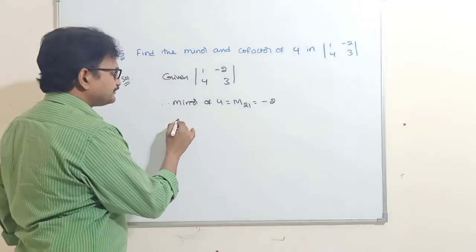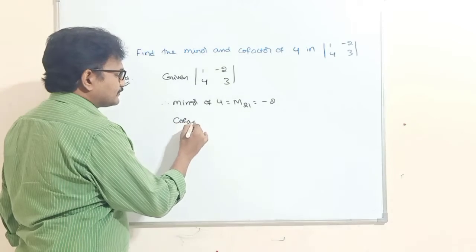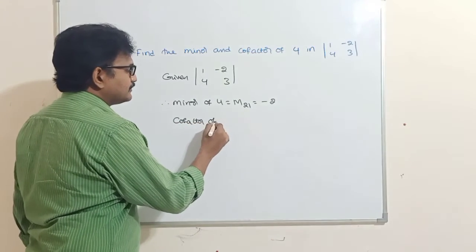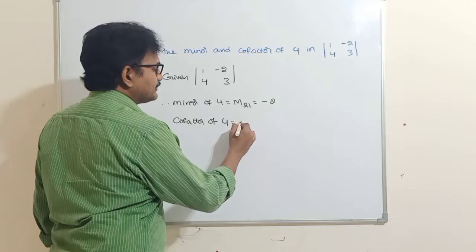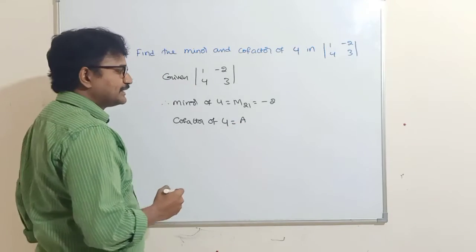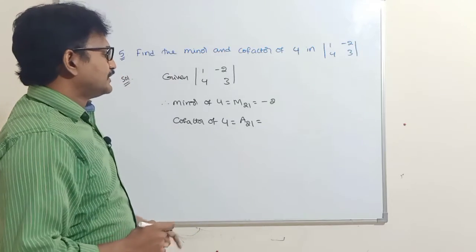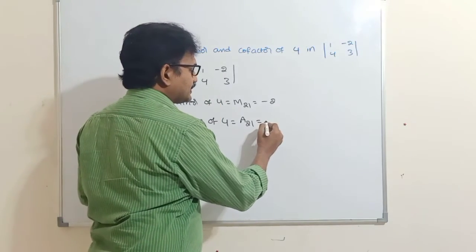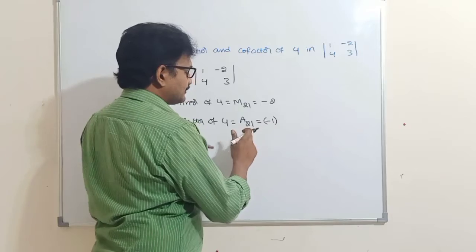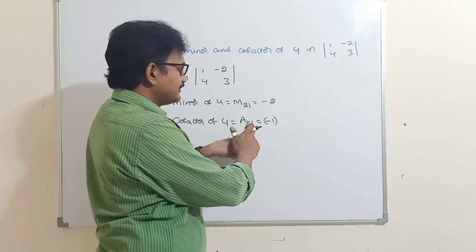Next, similarly, the cofactor of 4 we will denote with capital A, so capital A21. We need to take which row and which column 4 is in. 4 is in the second row and first column.